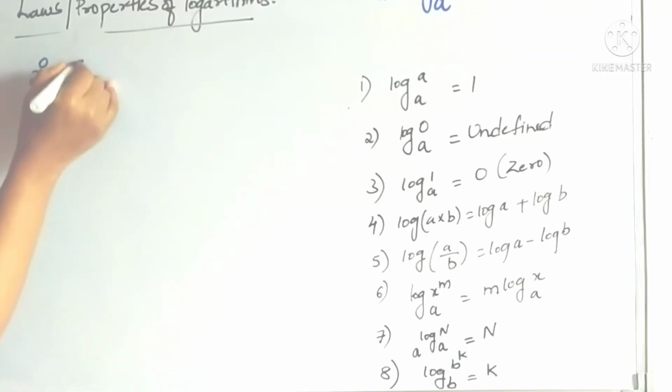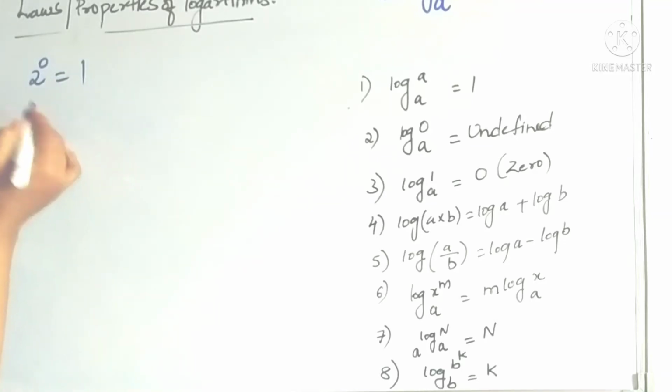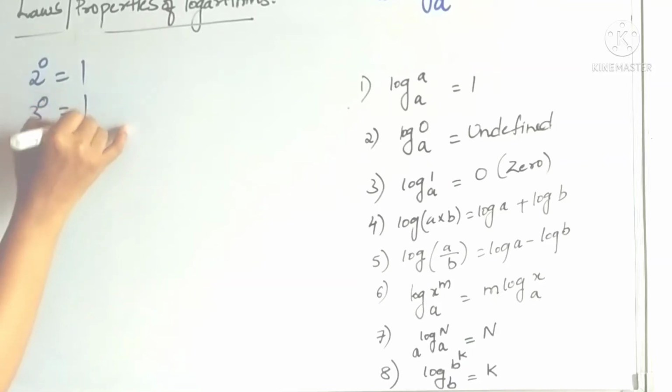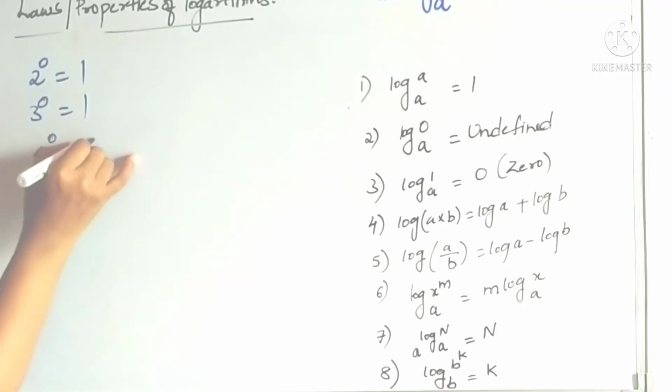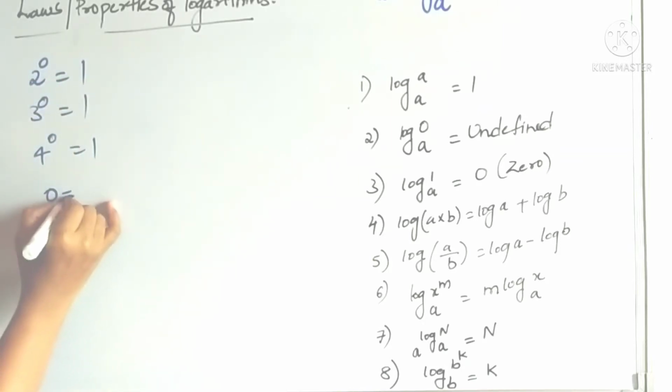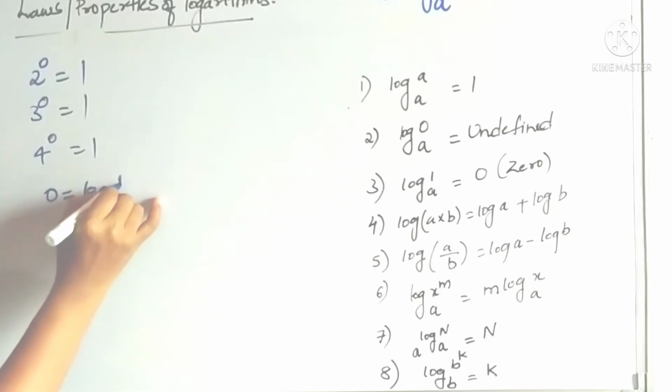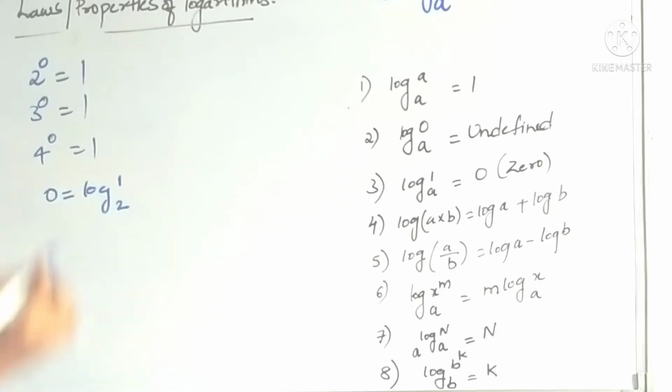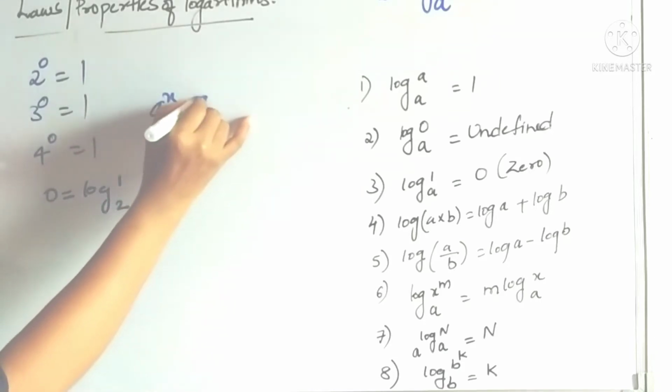So you know very well the power of any number is 0, that value is 1. In exponents already we have learned this. So 3 power 0 is 1. 4 power 0 is 1. Right? So what is the logarithmic form now? 0 is equal to log 1 base 2.